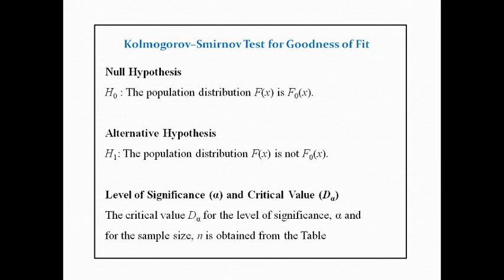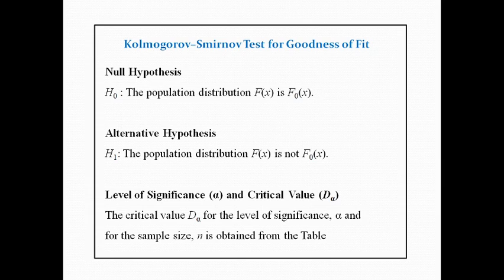So the null hypothesis says your sample is coming from the assumed particular distribution. Similarly, the alternative hypothesis is that the population distribution F of x is not F naught x, that means your random sample does not belong to that particular population.